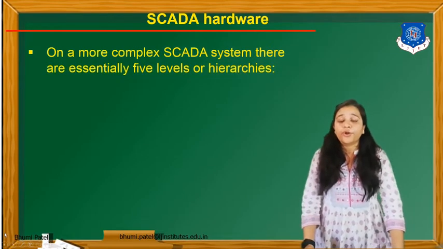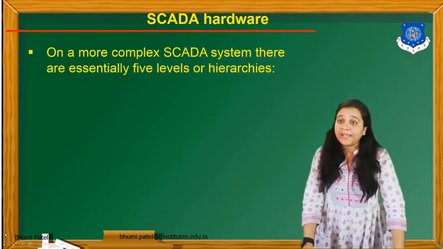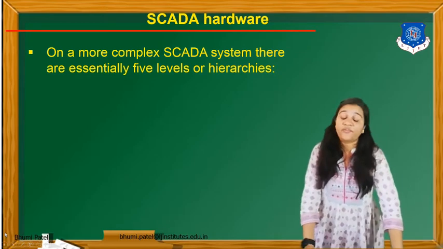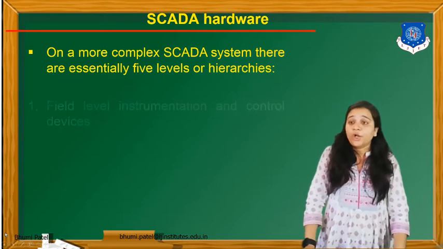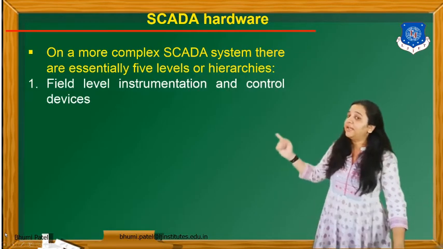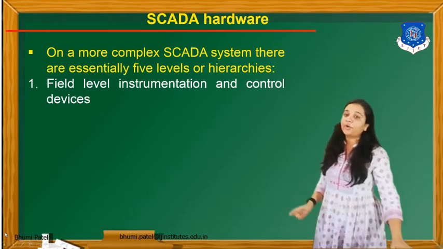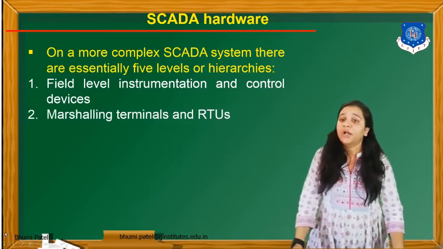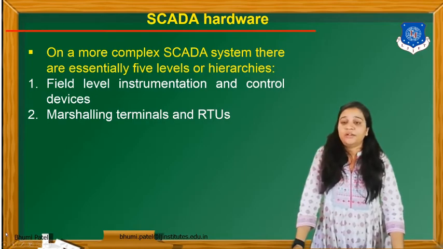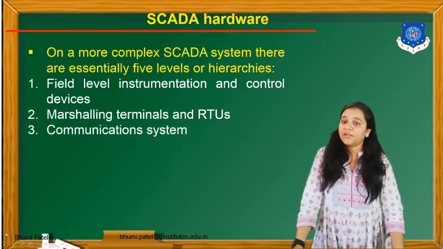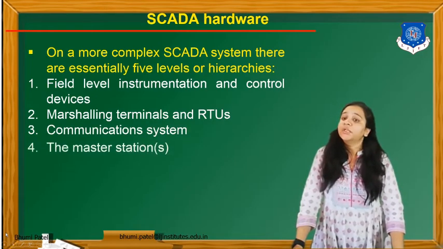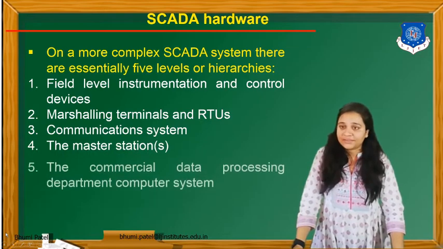In a more complex SCADA system, there are essentially 5 levels included. The first level is field level instrumentation and the control devices. The next one is the marshalling terminals and the RTUs. The third one is the communication system. The fourth one is the master station.